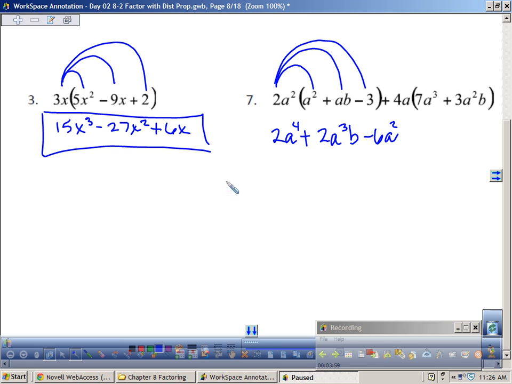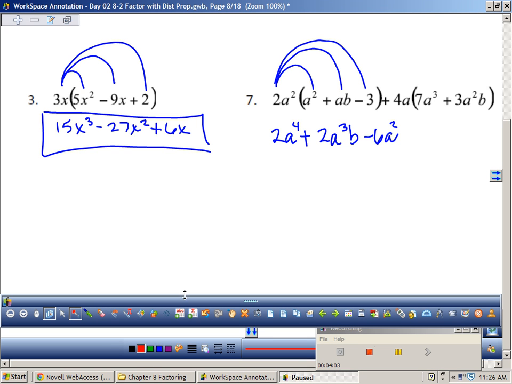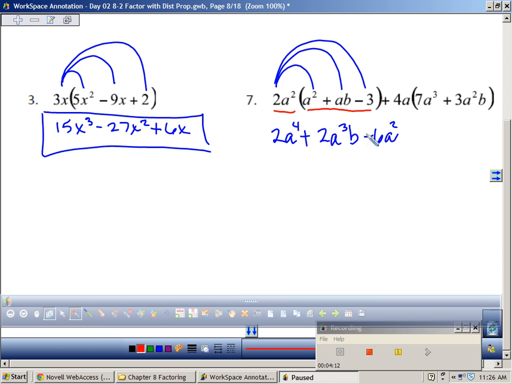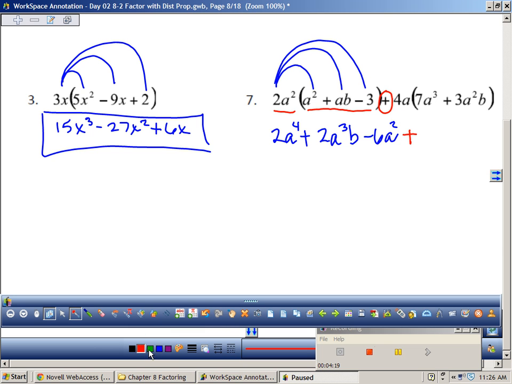All right, so this one is a little bit more complicated. So I have 2a squared that I'm multiplying by this trinomial. When I do that, I get 2a to the 4th plus 2a cubed b minus 6a squared. Now I'm adding 4a times this trinomial.